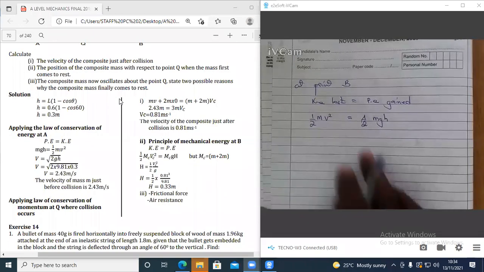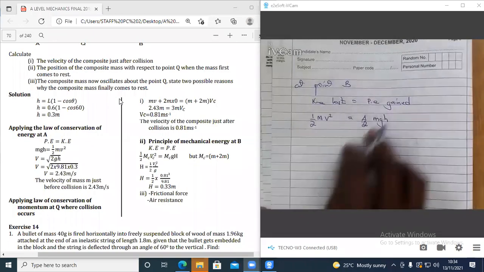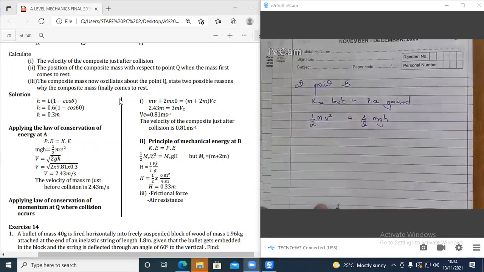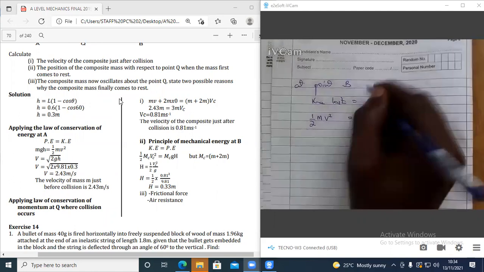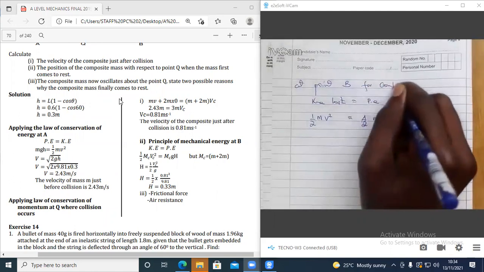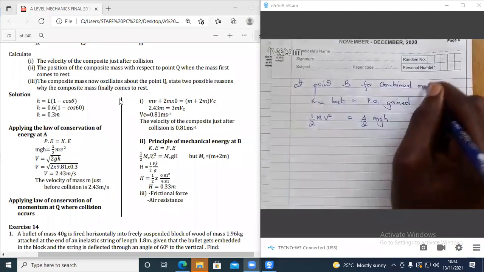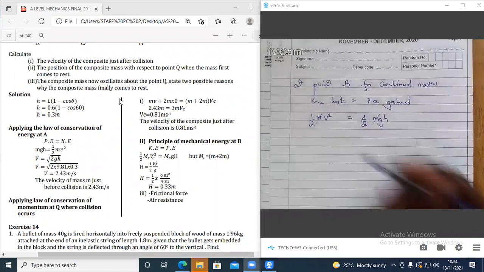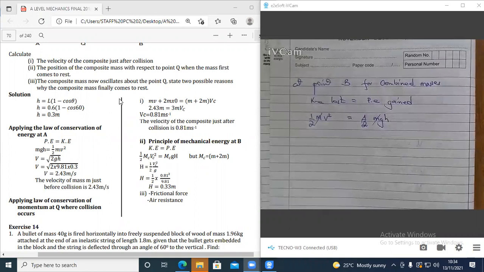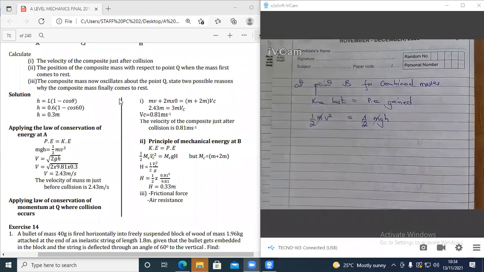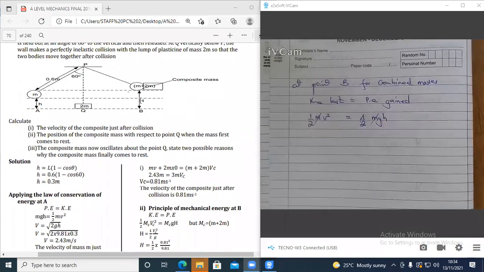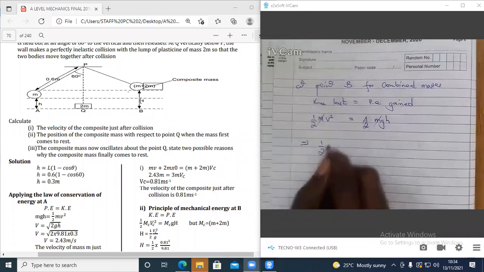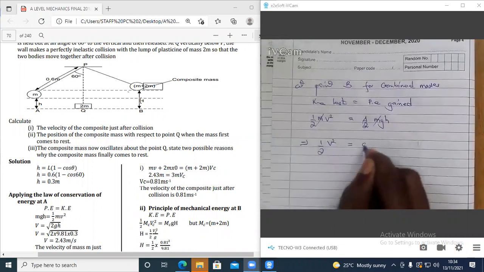Remember, we are looking at the mass of the combined system here. So the m's cancel out. At point B the height is now capital H, so I have half v squared equals gH.